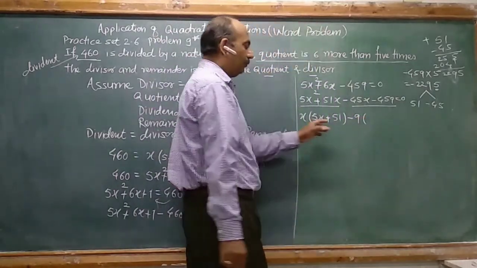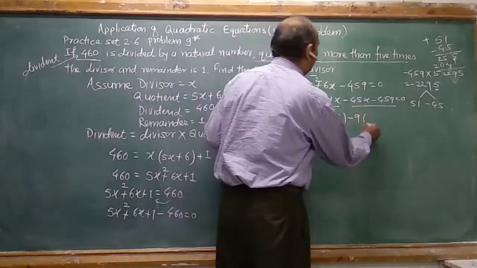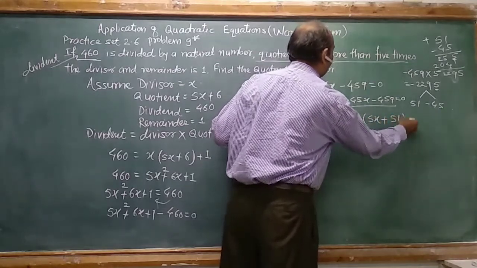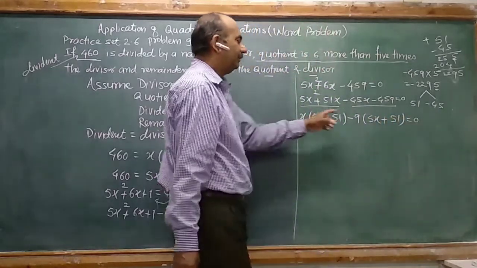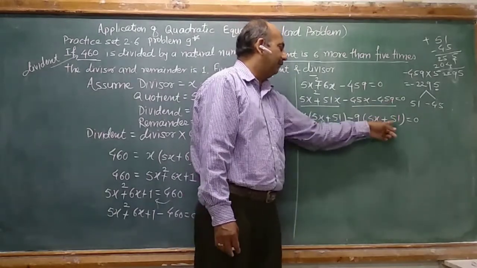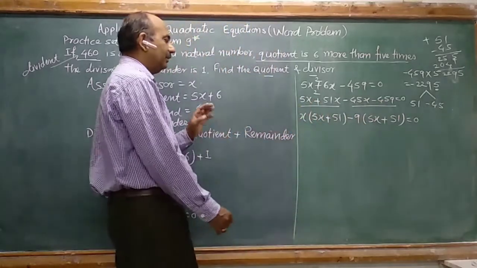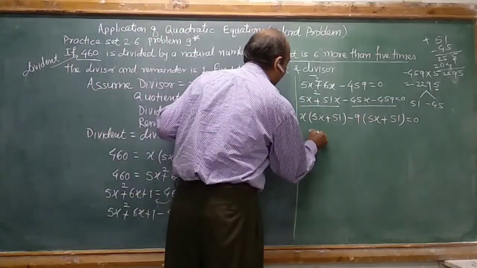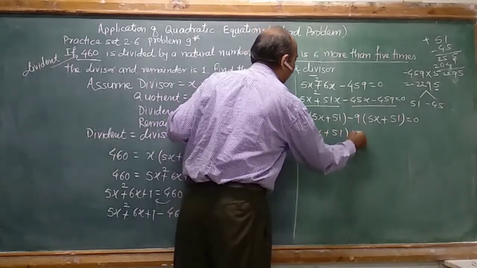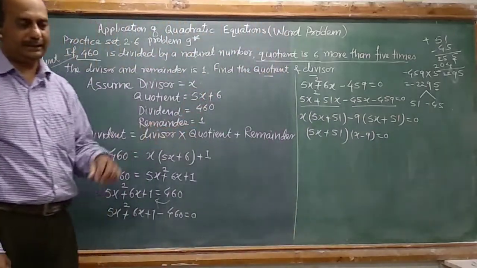Since we have removed the minus sign outside the bracket, their symbols will be changed, so 5x plus 51. Just consider that 1 nine is 9 and 5 nines are 45, so our brackets are correct. It means our factors are 5x plus 51 in one bracket, and x minus 9 in another bracket.